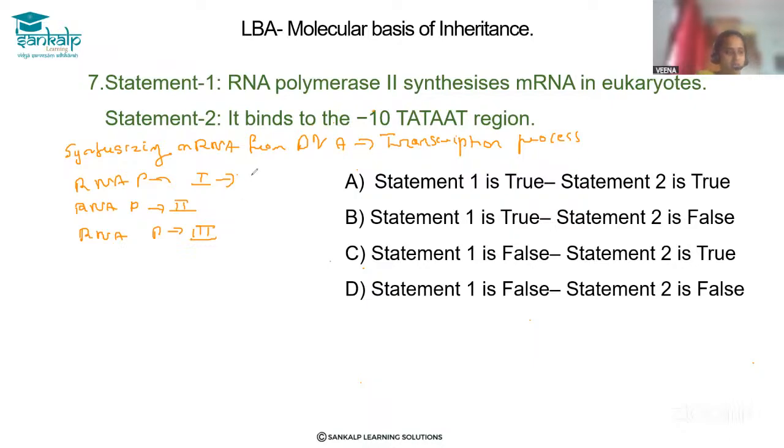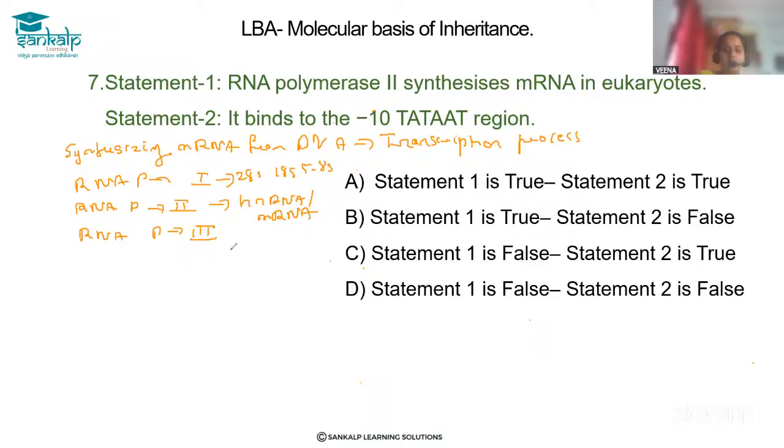RNA polymerase 1 is involved in synthesizing 28S rRNA, 18S and 5.8S rRNA. RNA polymerase 2 is involved in the formation of heterogeneous RNA or mRNA.